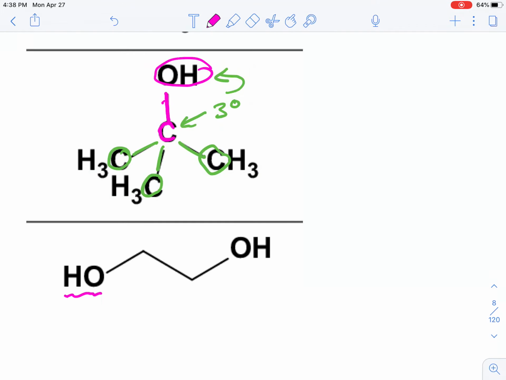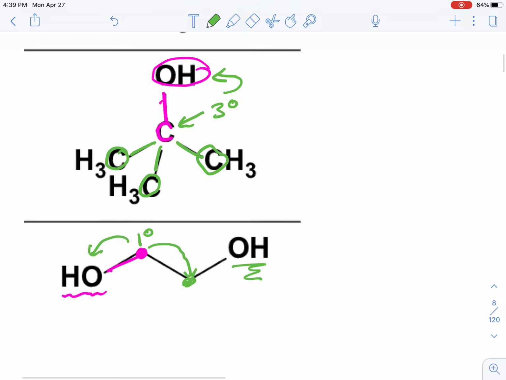So once again, we have this alcohol that's covalently bonded to this carbon. And this carbon in pink is covalently bonded to one other carbon, making it primary. And the same can be said for this alcohol too. It's going to be a primary alcohol.